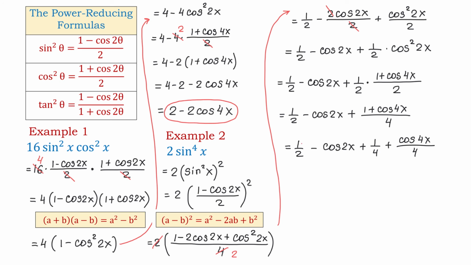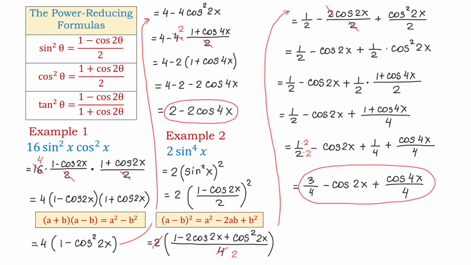So we will multiply the numerator and the denominator of the first fraction by 2, and now 2 over 4 plus 1 over 4 makes 3 over 4. So then we will have 3 over 4 minus cosine of 2x plus cosine of 4x over 4. So this is the simplified expression, and we reduced the power from 4 to 1.